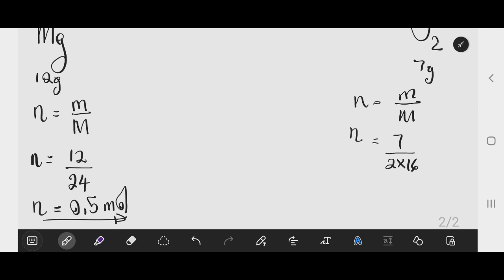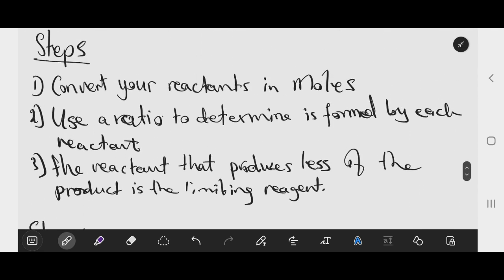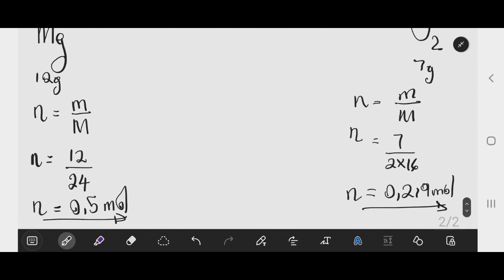Because we have 2 oxygen, and that would give us 0.219 moles, right? So we have completed step number 1. We have converted whatever we had into moles, and according to our calculation we have 0.5 moles of magnesium and we have 0.219 moles of oxygen gas, right?